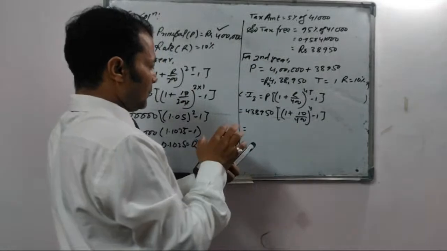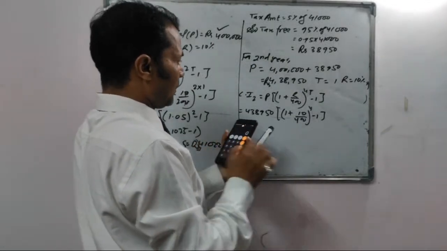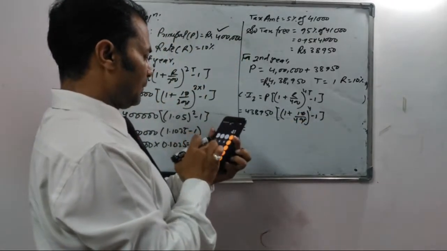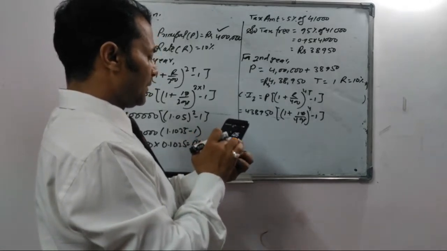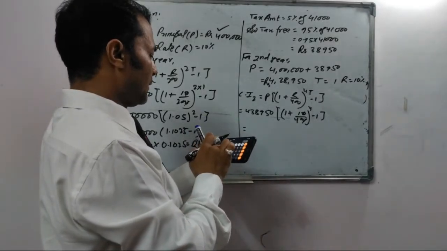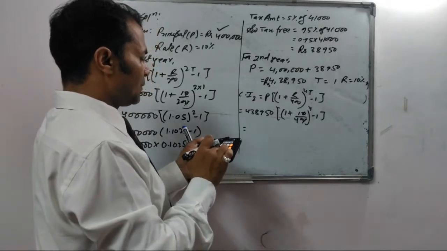Okay, now look here, I went to the calculator. 41 divided by 40 gives 1.025, raised to the power 4 is 1.1038.